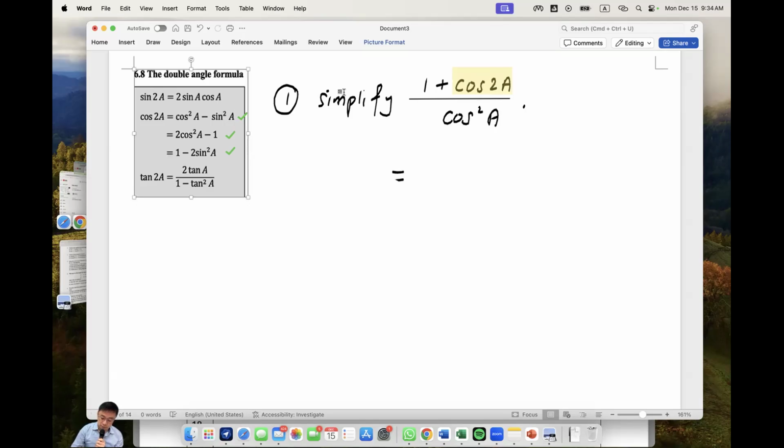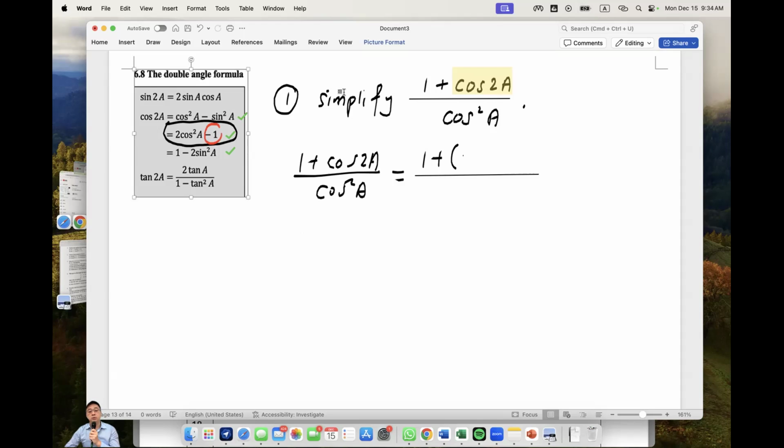Very good. You hear your friend? Your friend said he will choose the second one, because of the -1, so they can write 2 cosine square A minus 1, and that -1 can eliminate the 1.